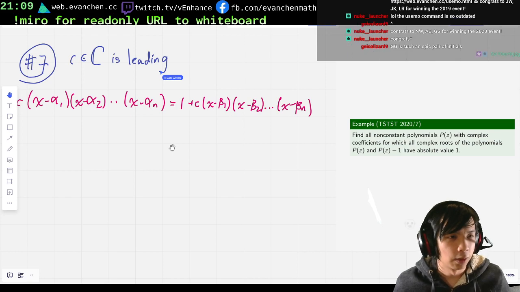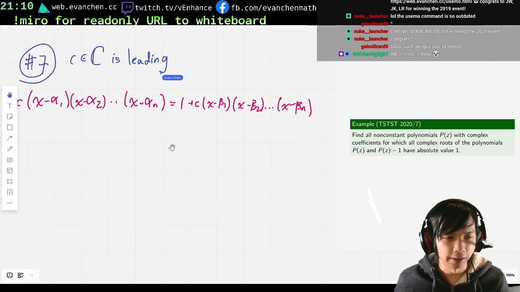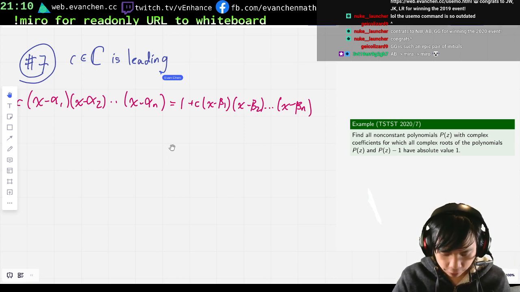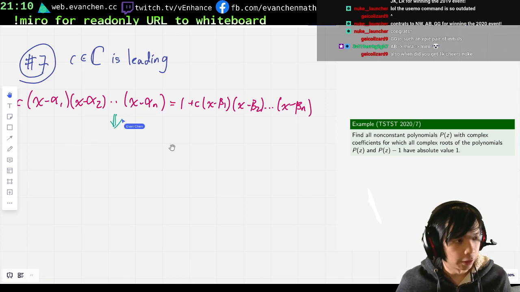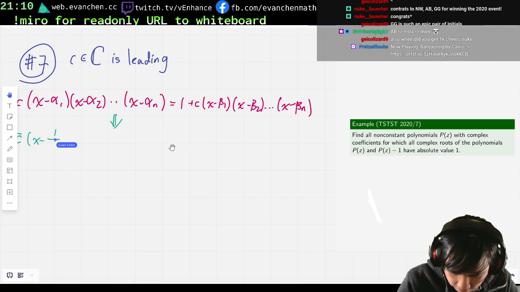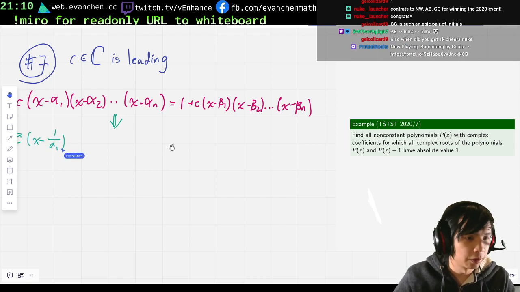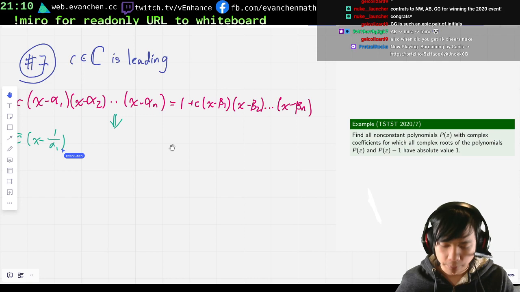Because I have these things that all have absolute value 1, what I'm going to do is take the complex conjugate of both sides. And when I do so, C bar, x minus 1 over alpha 1. Anytime I have a number on the unit circle, the conjugate is always equal to the reciprocal of the number. We use this all the time when we do geometry in complex numbers, and we're going to use it here as well.